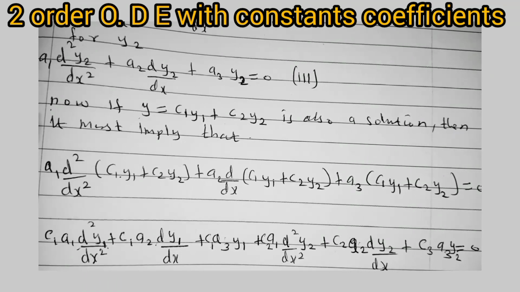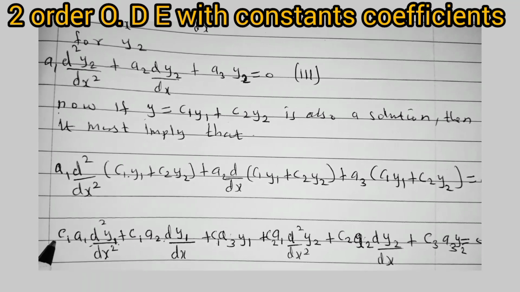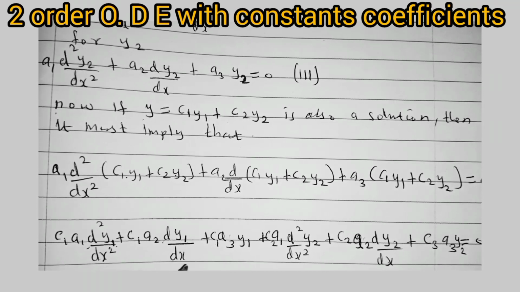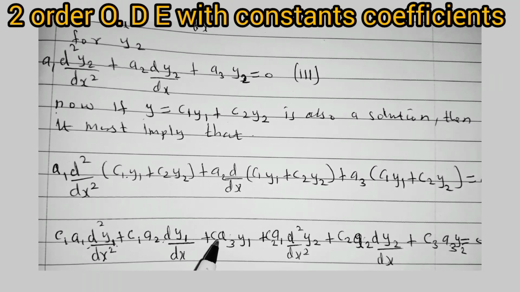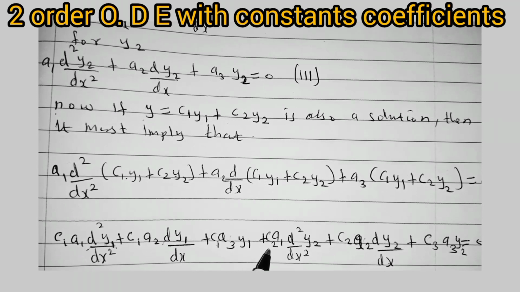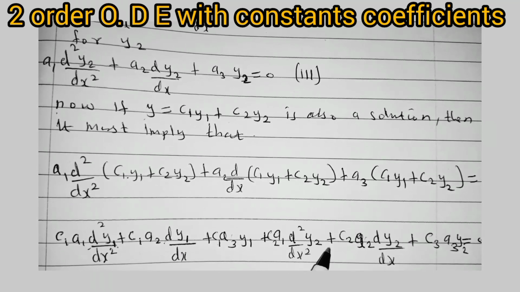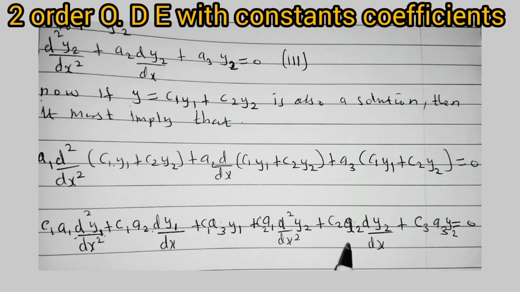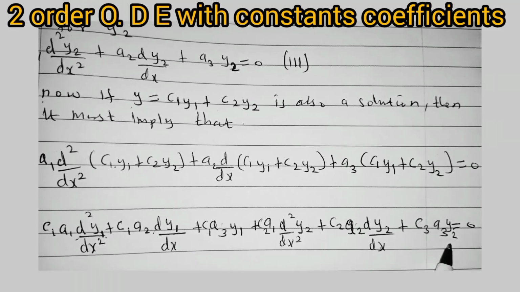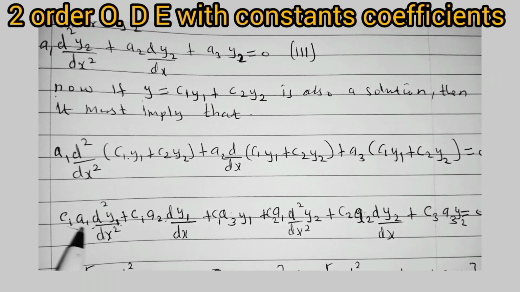Now, we remove the brackets and collect the terms with y1 and c1 together to obtain c1 A1 d²y1/dx² + c1 A2 dy1/dx + c1 A3 y1, then plus c2 A1 d²y2/dx² + c2 A2 dy2/dx + c2 A3 y2 = 0. In the first three terms, you can see c1 is common and constant.